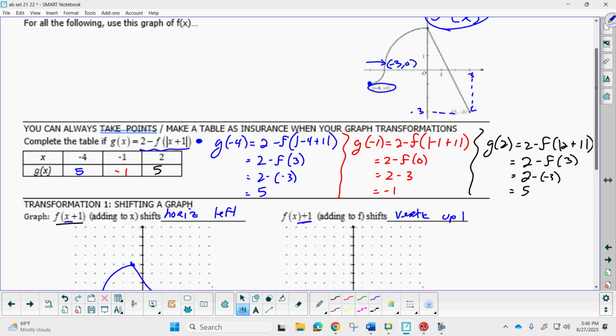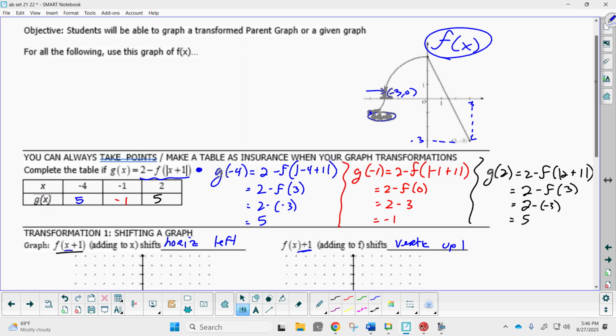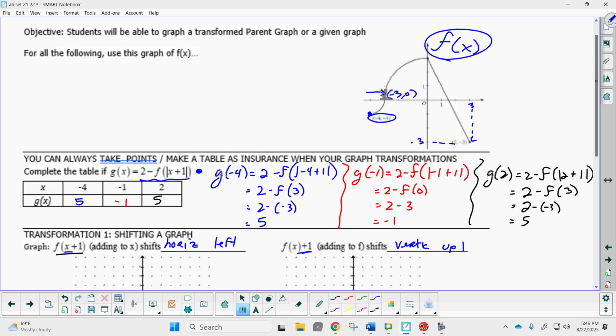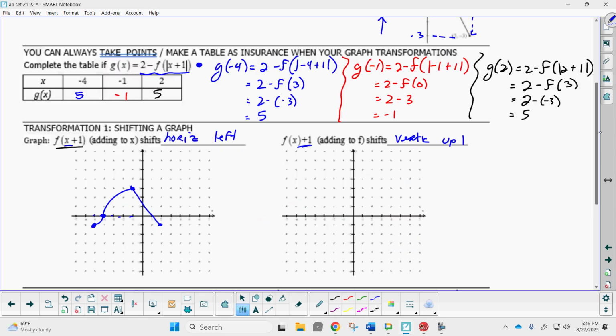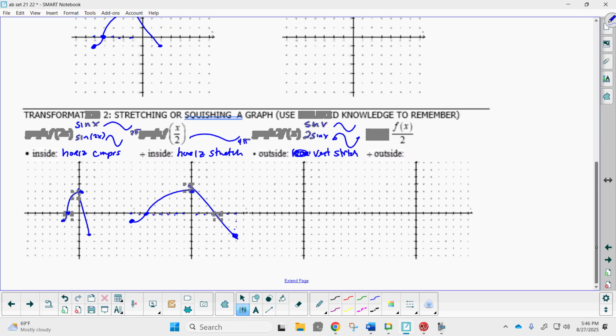I'm going to look at each point, leave the x, change the y. So this leftmost point, leave the x, -4, change the y, now to -2. 3, 0, -3, 0. Multiplying the y by 2 doesn't change that because it's 0. But on the y-axis, instead of that maximum point being at 3, it'll be twice as much at 6.